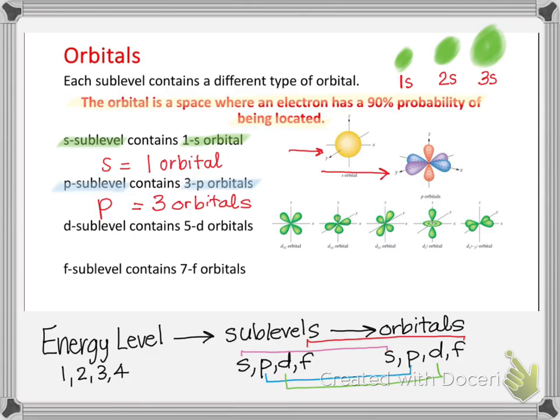Each one by itself looks kind of like a dumbbell, like it comes together where the nucleus would be, and then it has 2 big, what they call lobes. And so there's one on the x-axis, one on the y-axis, and one on the z-axis. And here they make the x-axis blue, the y-axis purple, and then the z-axis kind of that orange color. But those are 3 equal p orbitals.